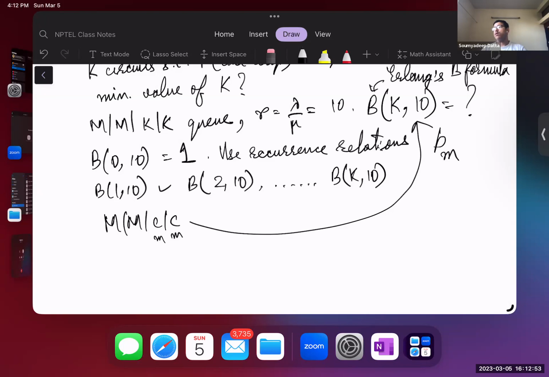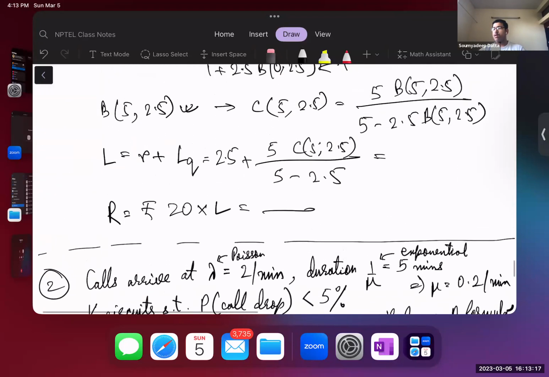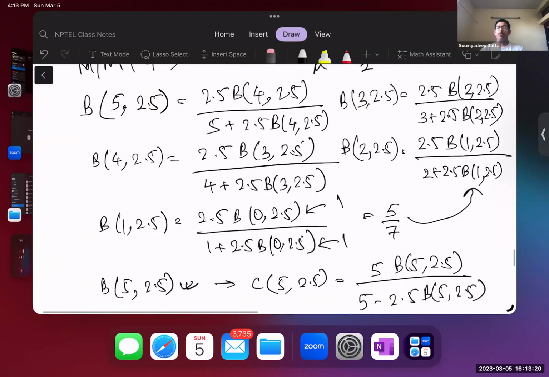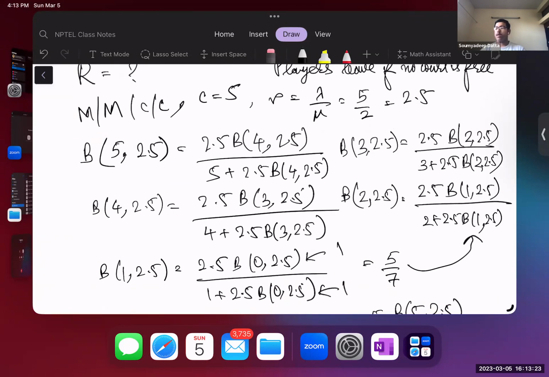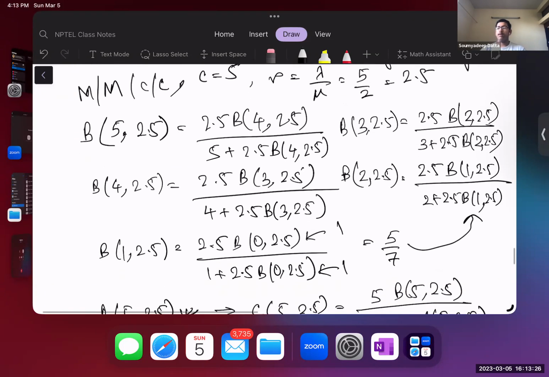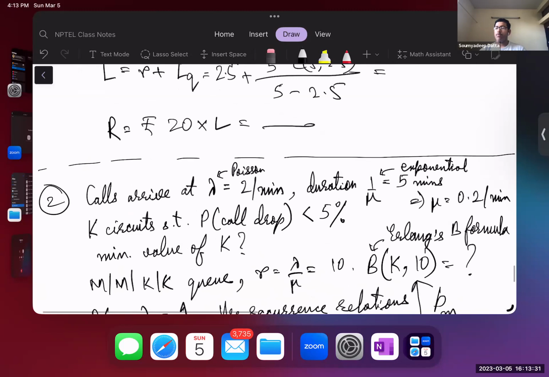So yes, this is when all channels are used, and essentially we know this formula, right? And we know that this expression is not something that you can solve analytically, and so you need to use this kind of recurrence relation to solve it. That is what is detailed in the lecture as well, and also what I showed in the previous problem. So a similar approach needs to be taken. You start with B(0, 10), and you obtain B(1, 10), then B(2, 10), and progressively this value goes down, right?